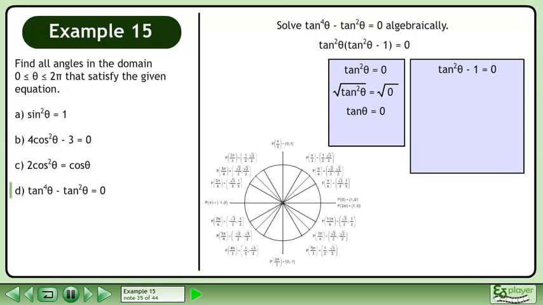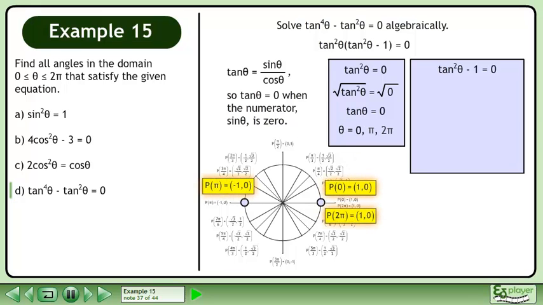Bring up the unit circle. Tan theta equals sine theta over cos theta, so tan theta equals 0 when the numerator, sine theta, is 0. This occurs at 0, pi, and 2 pi.